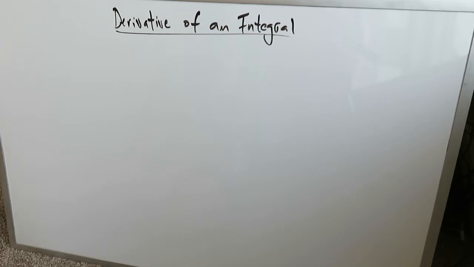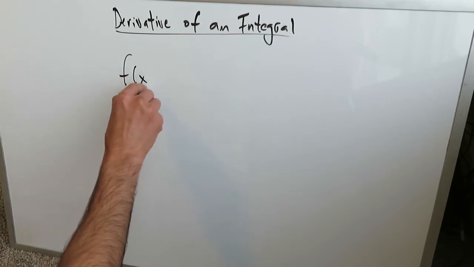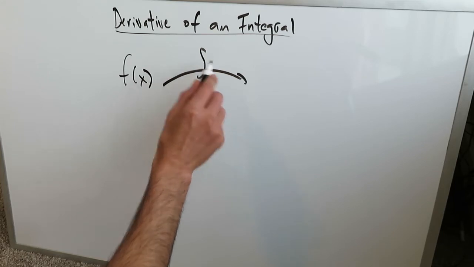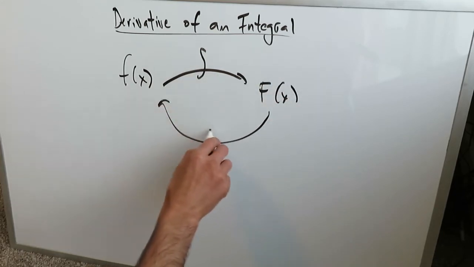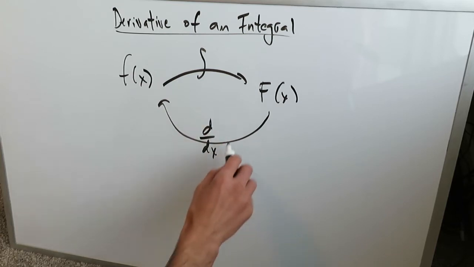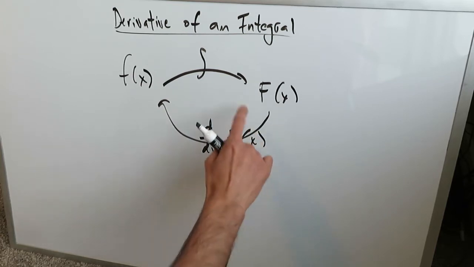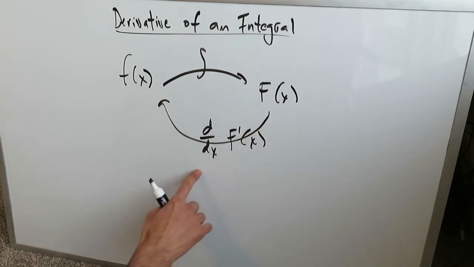It's not always possible that an original function can be easily integrated, because sometimes seemingly easy looking functions are very difficult to integrate. To go from the loop where you are starting with an original function and you're doing its integral and you're coming up with the antiderivative, and then you're going back using the derivative to show that indeed your answer was right, you took its derivative and you should end up back at the original function.